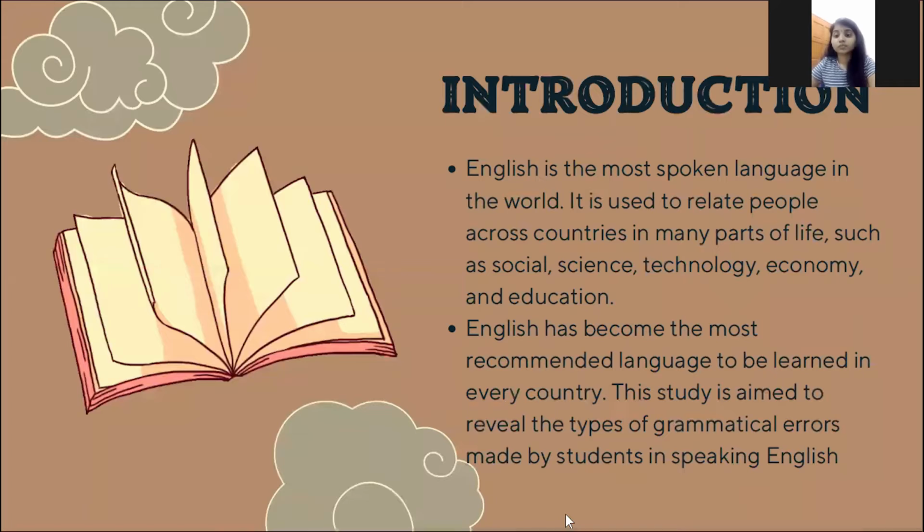So grammar and punctuation are essential in the English language, and gaining confidence in how to avoid grammatical errors is a valuable part of your learning journey. So that's all for the introduction, and I would like to pass to the next member.